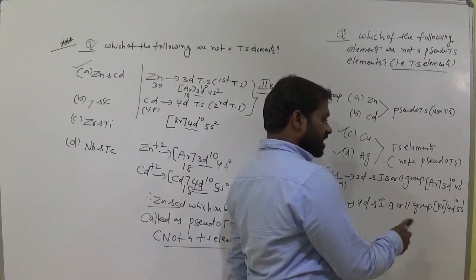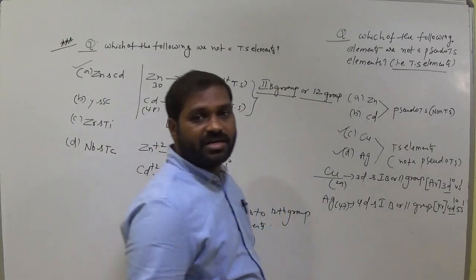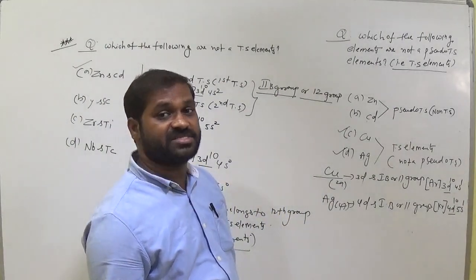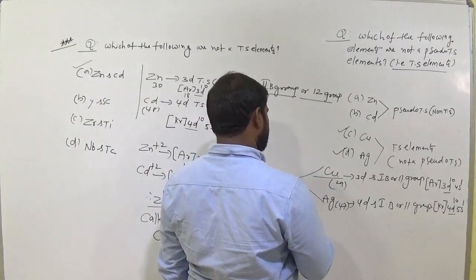This belongs to the 3d transition series and this to the 4d transition series. If you observe, in 3d and 4d there are completely filled d orbitals, so we might expect these to be non-transition or pseudo transition elements. But that is wrong. Clearly these two are transition elements.